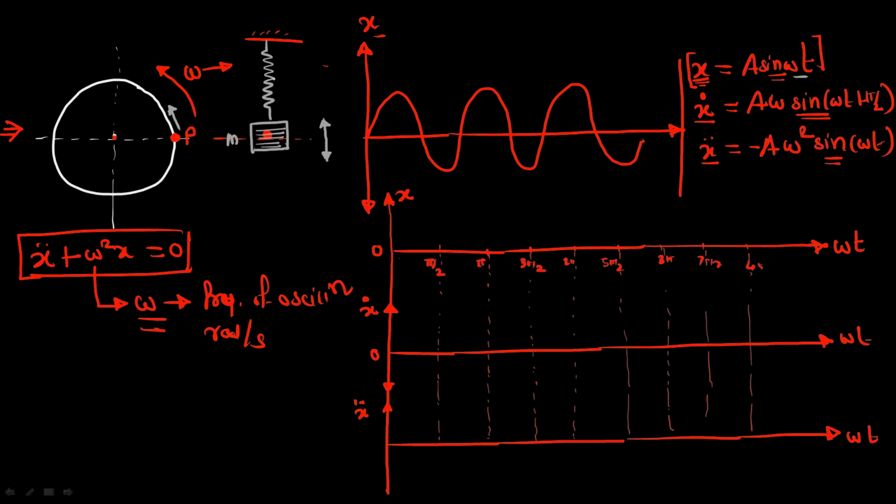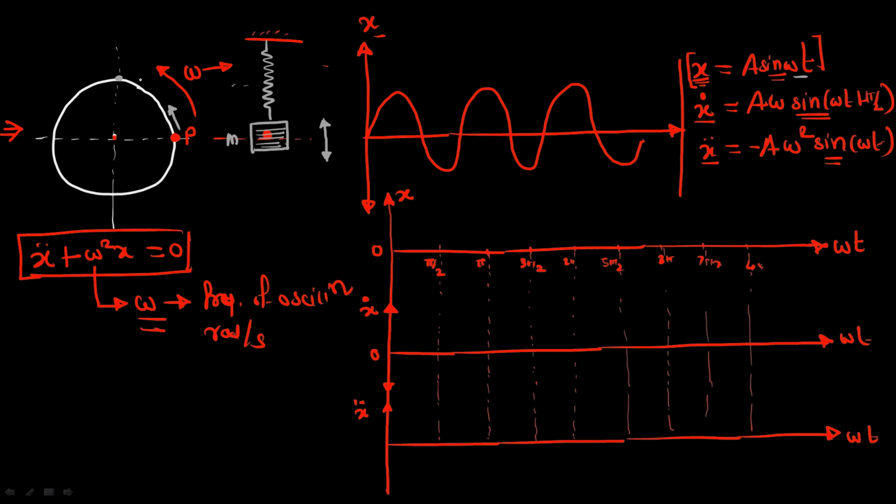That means the spring will get compressed. As the point P reaches the maximum value, that is the topmost point on that circle, this mass M will be at the maximum upward displacement. That will be the maximum compression of the spring.